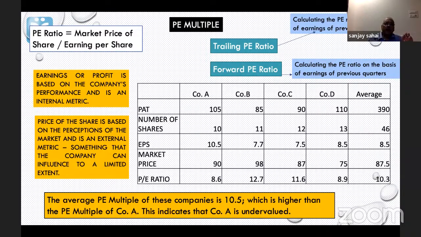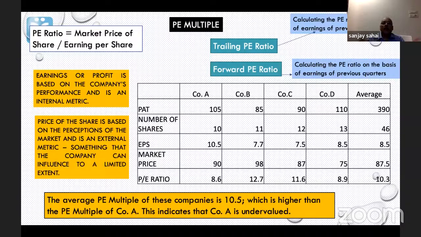The other thing to remember here is that in these 2 variables, the price and the earnings per share, the earnings is an internal metric. It is something which the company can control. So if it really performs well, it will reflect in the profit. Let's say I manage to procure goods at lower cost. I get excellent human resources.